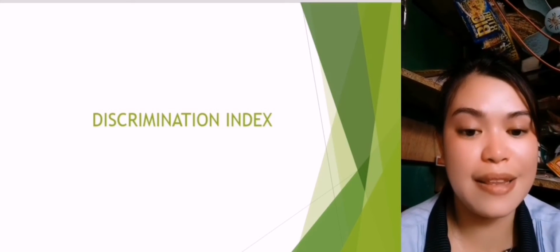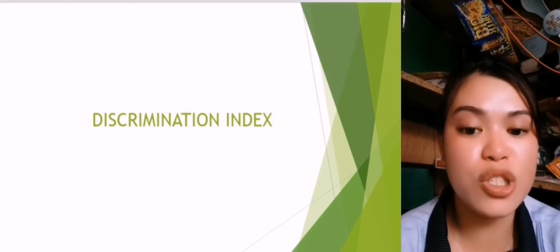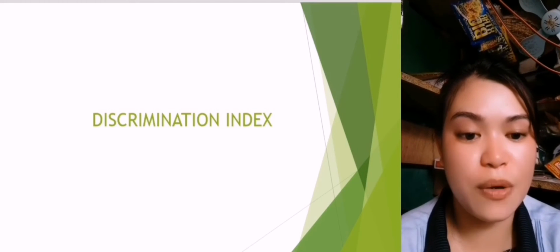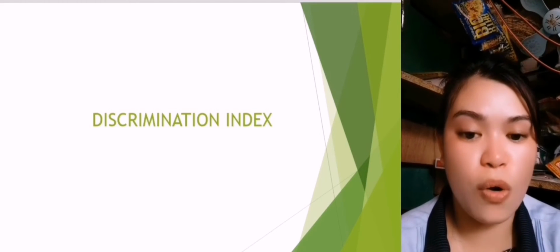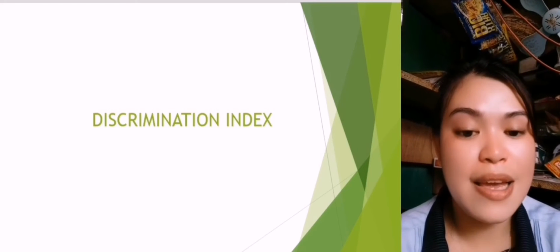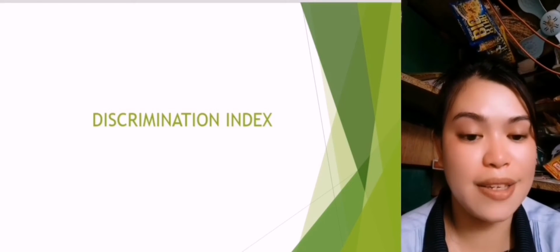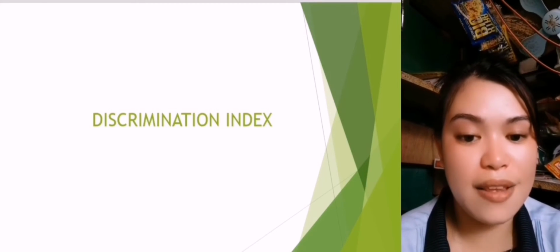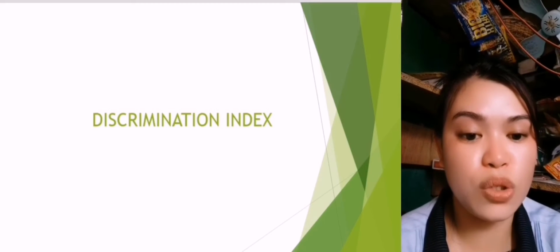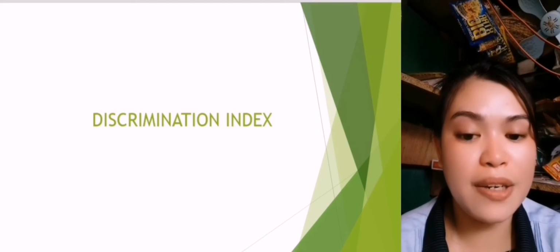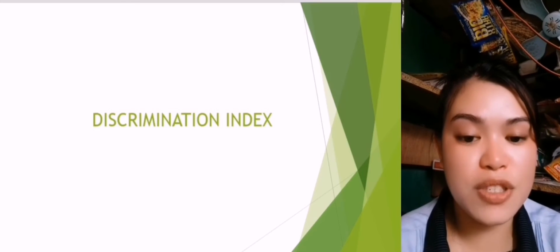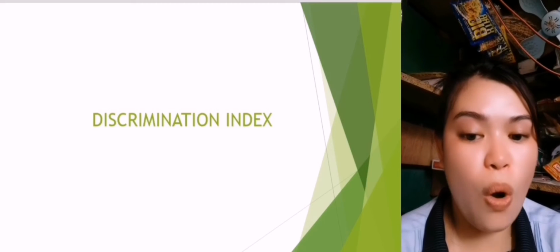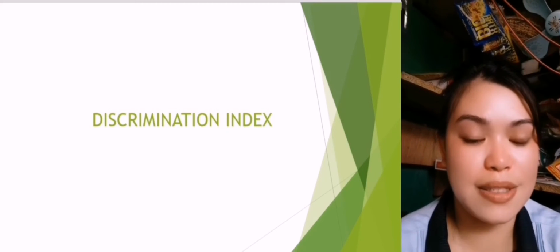Basically, an item discrimination index shows the relationship between the student's performance in an item and his or her total performance in the test, represented by the total score. So item-total correlation is usually part of a package for item analysis. High item-total correlations indicate that the items contribute well to the total score, so that responding correctly to these items gives a better chance of obtaining relatively high total scores in the whole test or subtest.